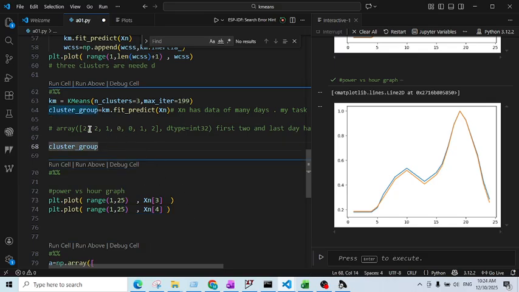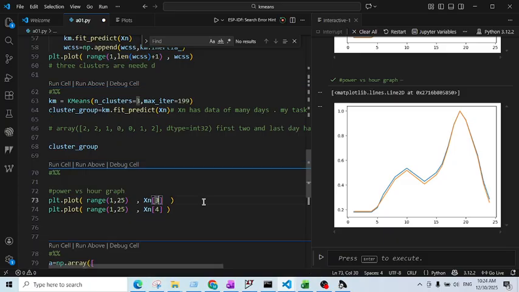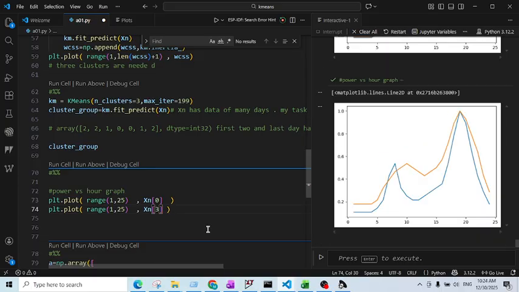But let's see, is there any similarity between this day and this day? So this is x0 and this is x3. Let's see what happens. Oh, you see that these two graphs do not look similar. Similarly, let's see with this and this. Let's say this is 6.